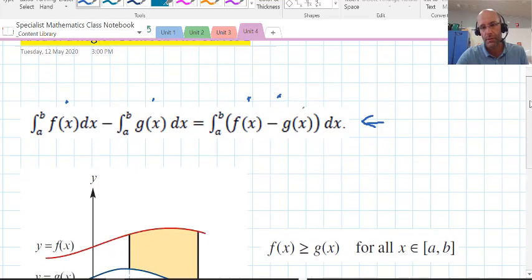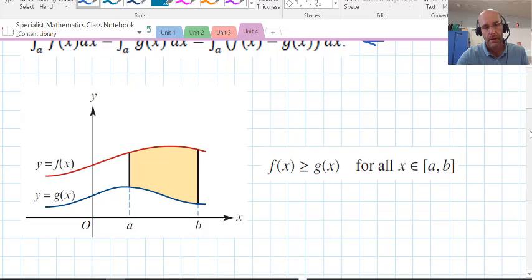So the region you can see there in that brown color is when f of x is greater than or equal to g of x. That's the context we're looking at, certainly in this video, and it's over some interval inclusive.